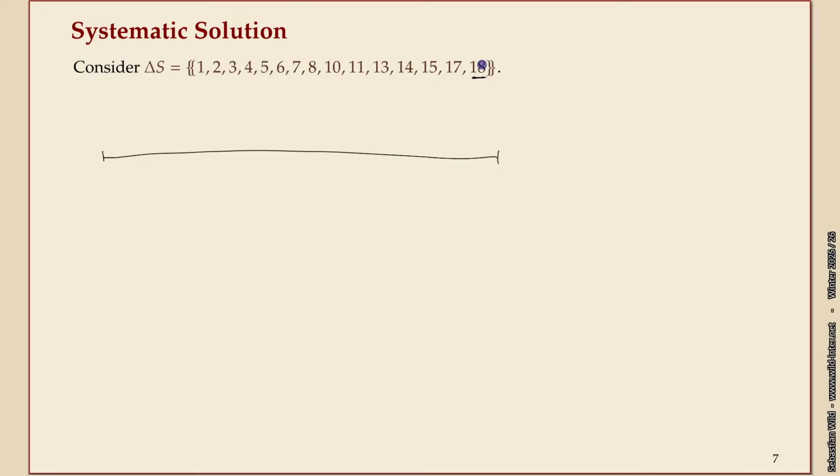Otherwise, we can immediately say it's not possible. So we can always say there's a starting point at 0, and there's an end point at the maximum in our difference multiset. So far, so good. So the 18 we've already dealt with. That was easy enough.